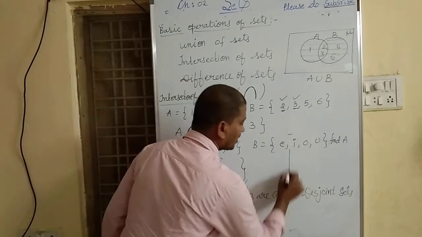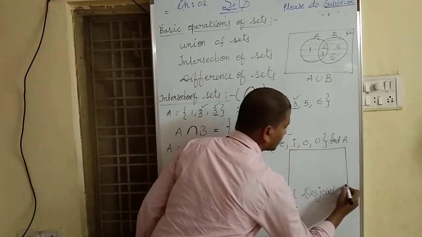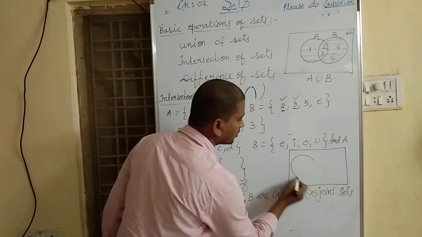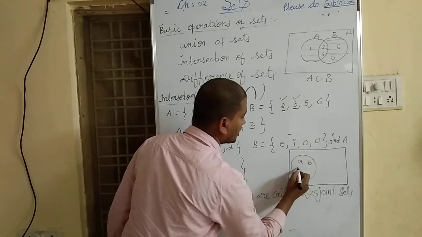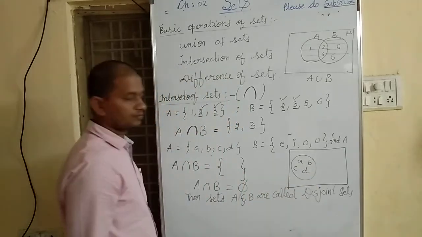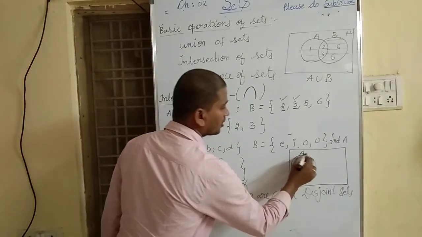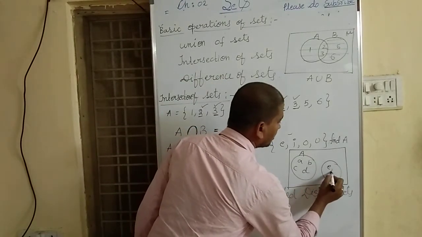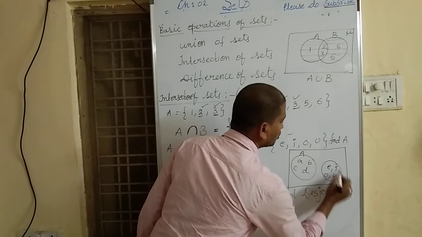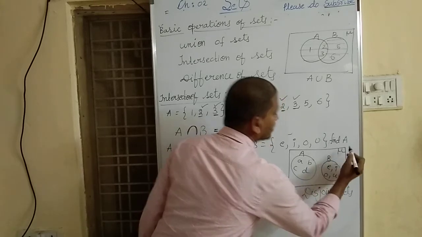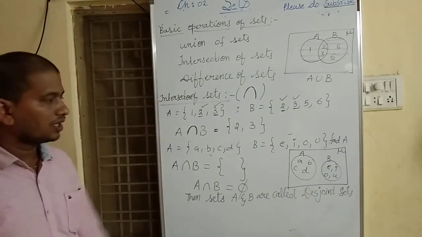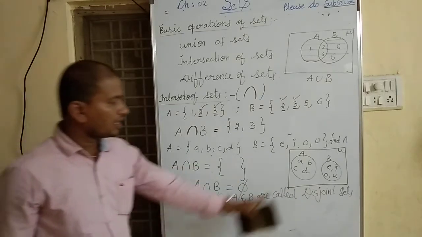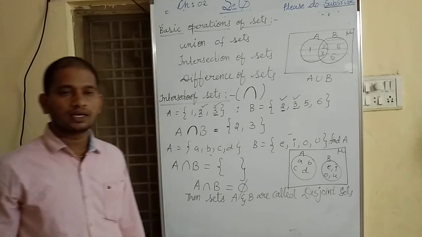This is our universal set, and set A is A, B, C, D. This is our set A, and set B is E, I, O, U. This is our set B inside the universal set. In this way, we can represent the relationship between A and B using a Venn diagram.